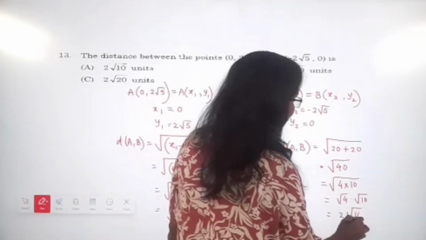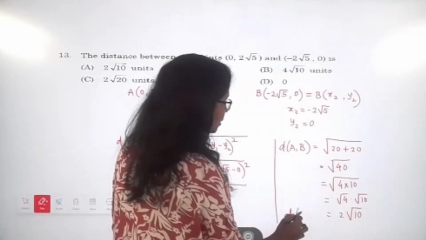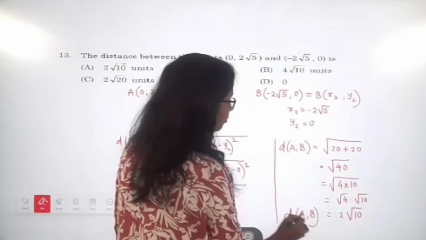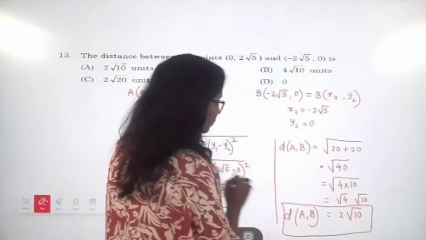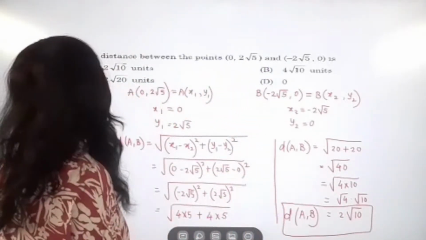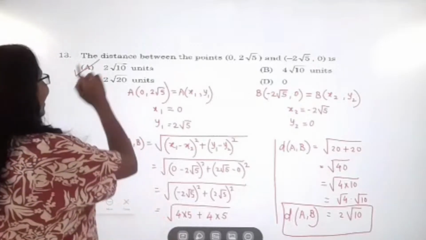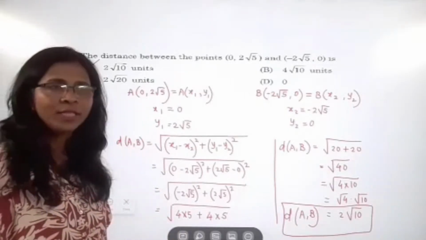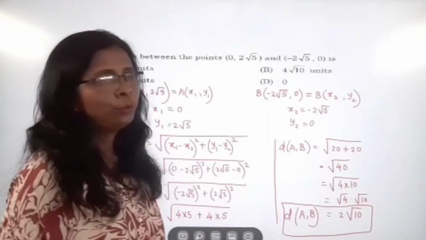So the distance from A to B is equal to 2 root 10. So the correct option is A, 2 root 10. Okay students, the correct option is 2 root 10.